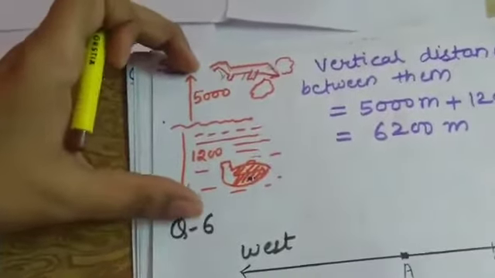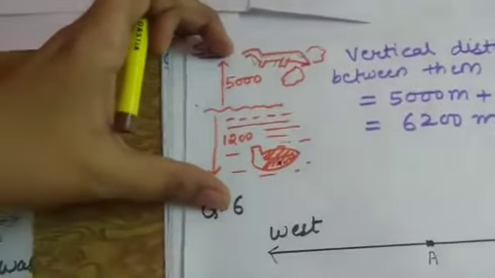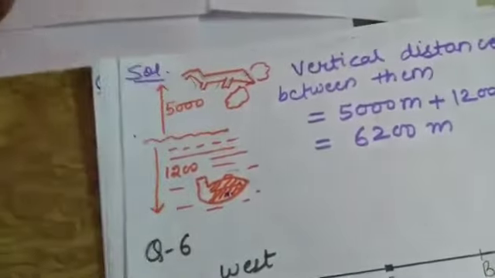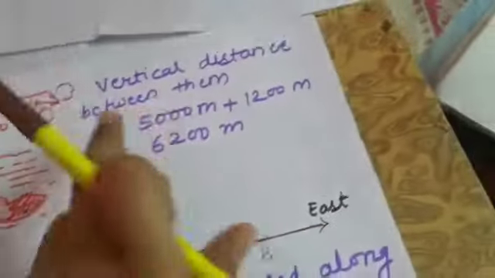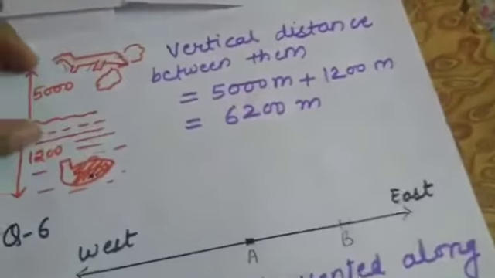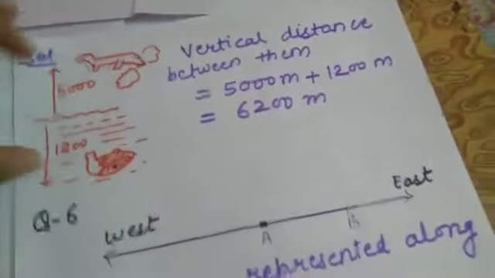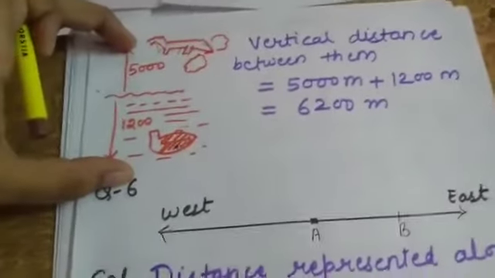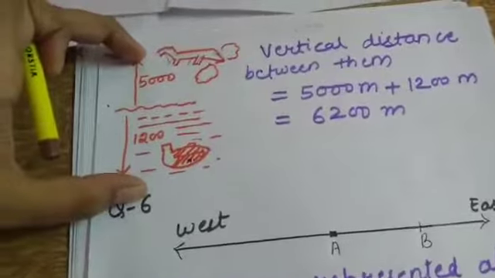Simply, for vertical distance, you have to add this to this. So the vertical distance between them will be 5,000 plus 1200. It gives you 6,200 as the vertical distance between the plane and the submarine.